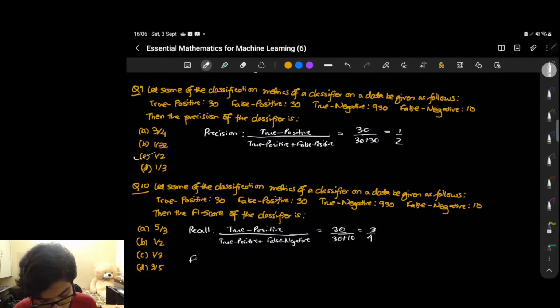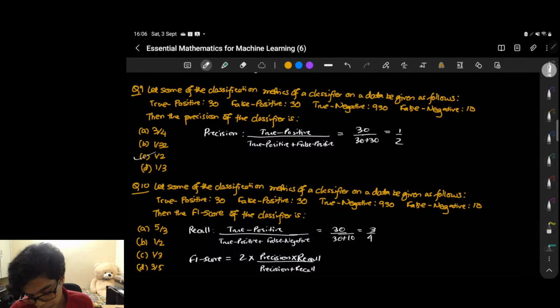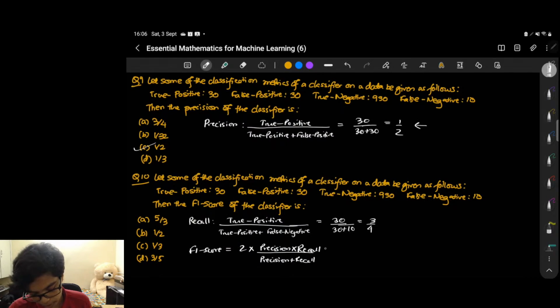And the F1 score is then 2 into precision into recall over precision plus recall. Precision we found in the previous question, that's half.